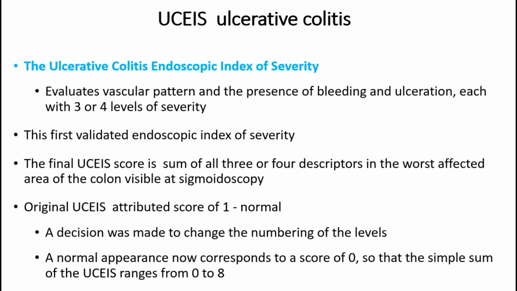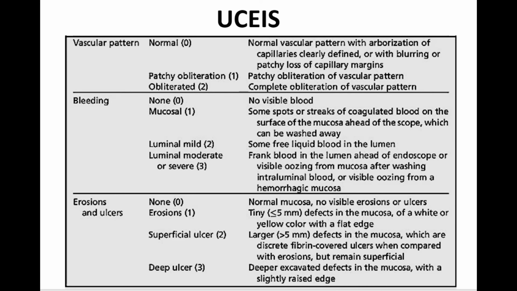So the simple sum extends from 0 to 8. As I said, three parameters are evaluated: vascular pattern, bleeding, and erosion and ulcer. If the vascular pattern is normal, that is 0. If there is patchy obliteration it is 1, and if it is totally obliterated, it is 2. For bleeding, none is 0.